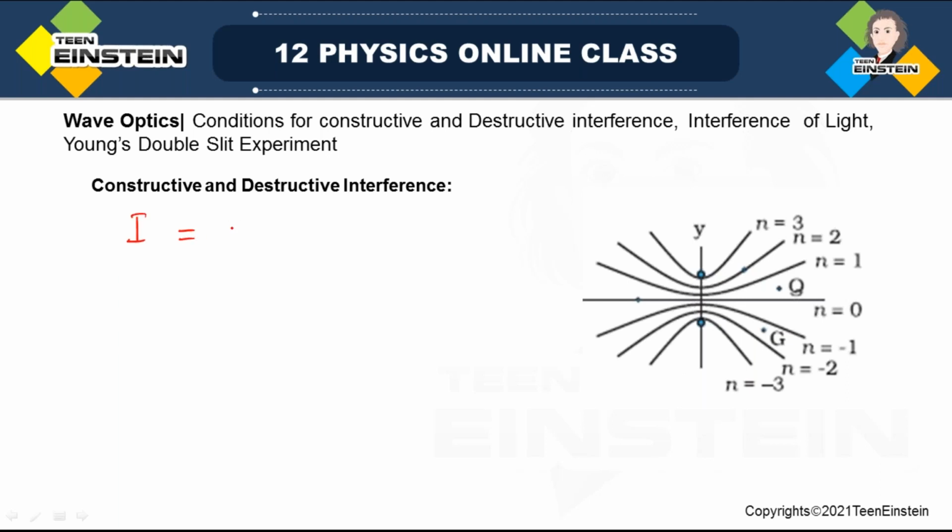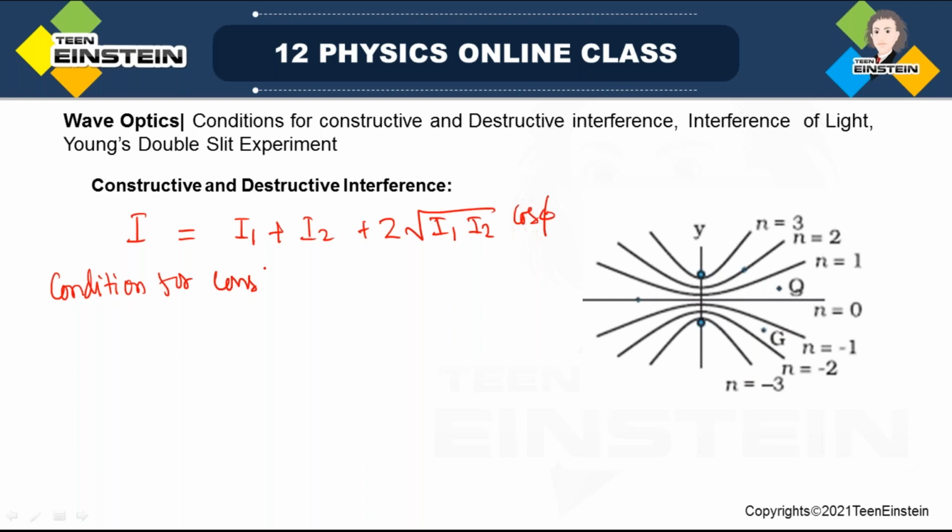So this is the resultant intensity, the general expression when the two waves have phase difference phi. So now let us see the condition for constructive interference.